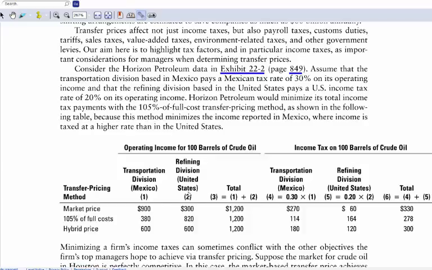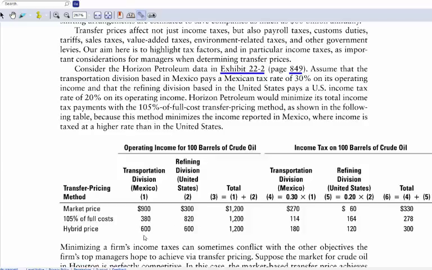And the refining division, under that same market price transfer method scenario, their result was only $300. The second one was the 105% of transportation division's full cost. Their operating income result was $380. The refining division, using that transfer price of $79.80, resulted in $820 in operating income.